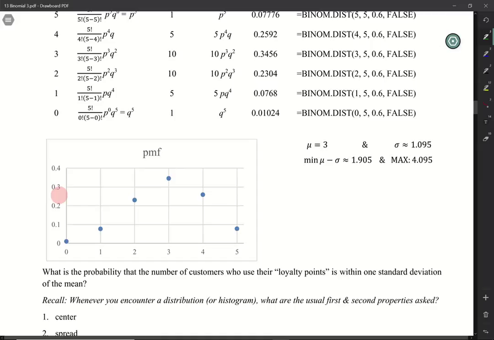It's kind of buried over here, but there's the probability mass function. And all of these probabilities add up to 1. And then you can see how this one is a little bit skewed.